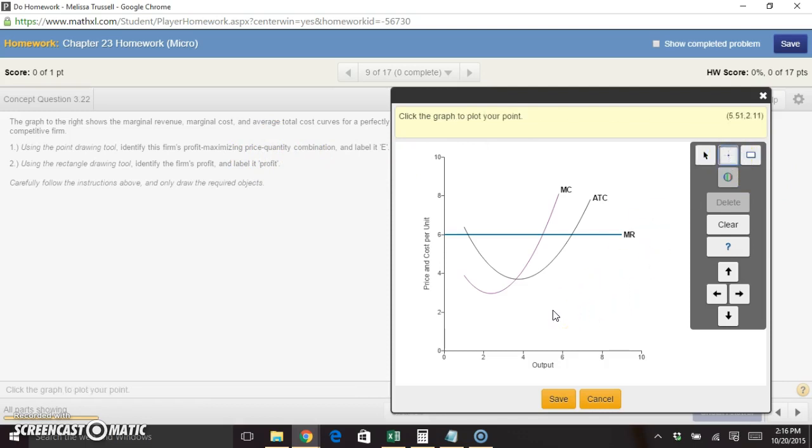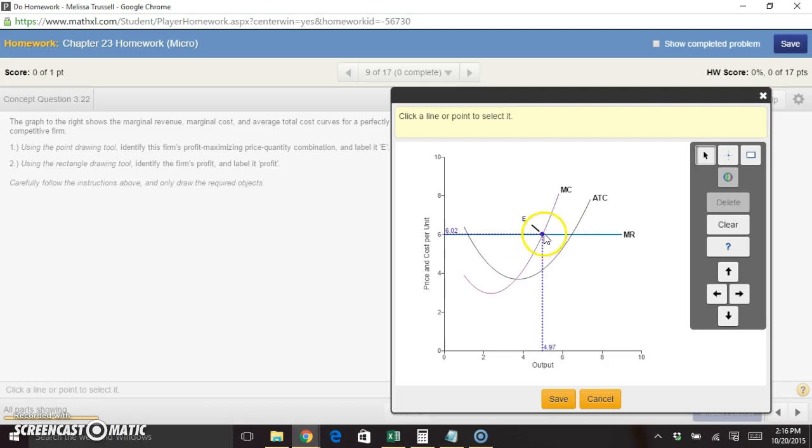If you're going to maximize your profit, the rule that the book gives us, and the rule that economists and business people use, is that you want your marginal cost to equal your marginal revenue. That seems to happen right about here where those 2 curves cross, where those 2 are equal. And we're supposed to label that E.